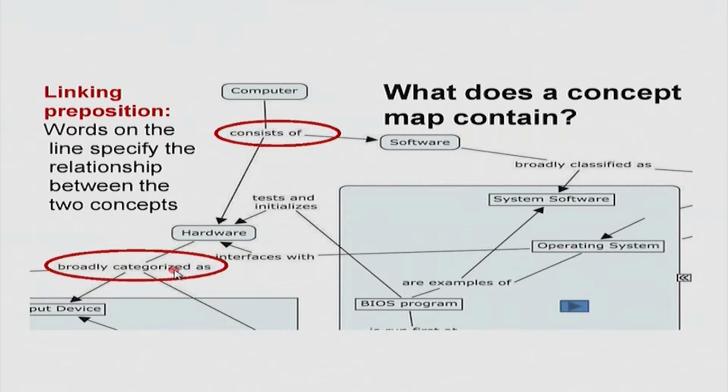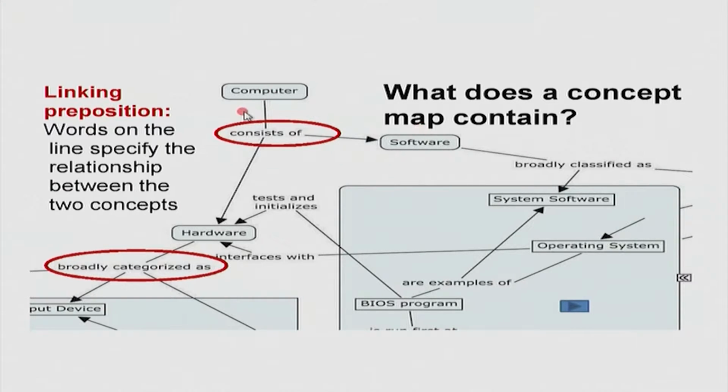Hardware is categorized as input device, and I think down here comes output device. So, you can have different types of prepositions. Some common examples of these prepositions are consists of, classified as, are examples of, is the reason for, and so on.